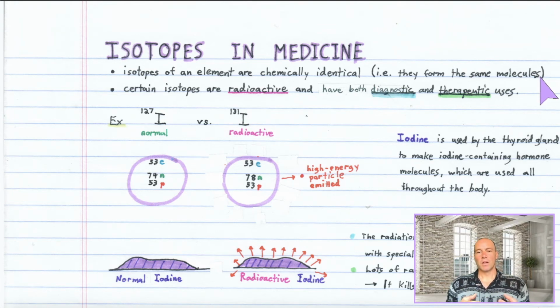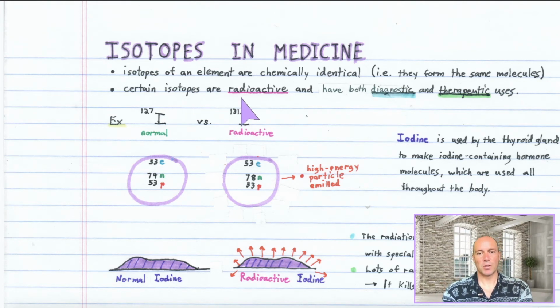So although a particular isotope may have a different number of neutrons than another isotope, the two will behave the same way chemically. They do the same chemical reactions. A molecule doesn't know whether the chlorine atom in there is a chlorine 35 or a chlorine 37. It will do the same thing regardless.